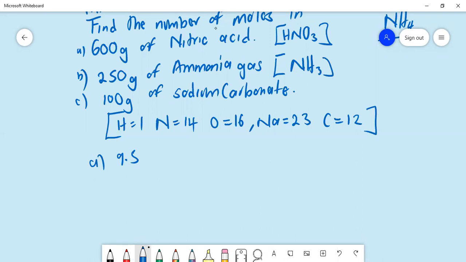So nitric acid, HNO3. This is a compound, remember? So it follows relative formula mass. So this one is 1 plus 14 plus 16 times 3. So this is 15 plus 48. So when you add here, is it 63?